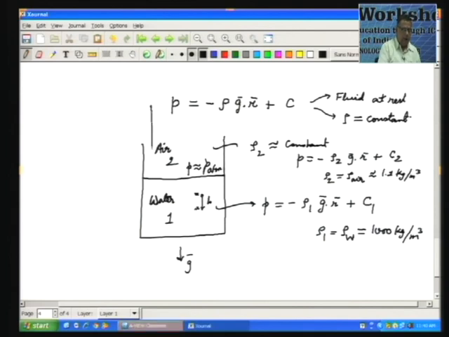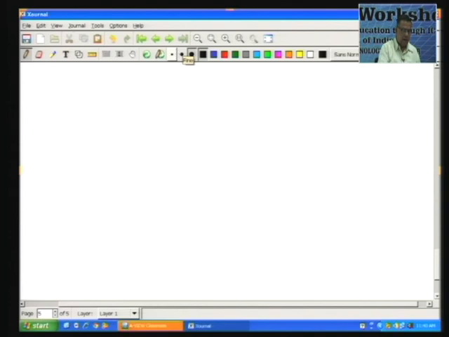So, I will draw the figure again. Now, let us choose a coordinate system where z is upwards and this could be your x, this is the origin, and this is the level of water.